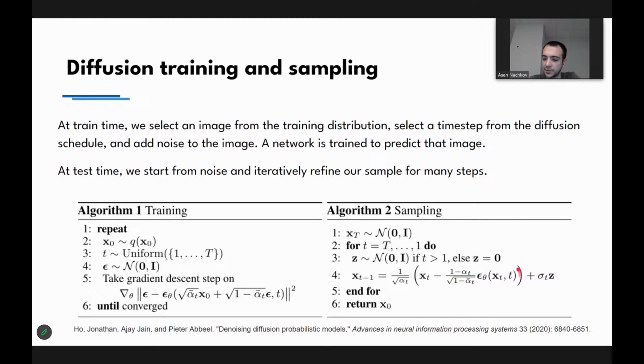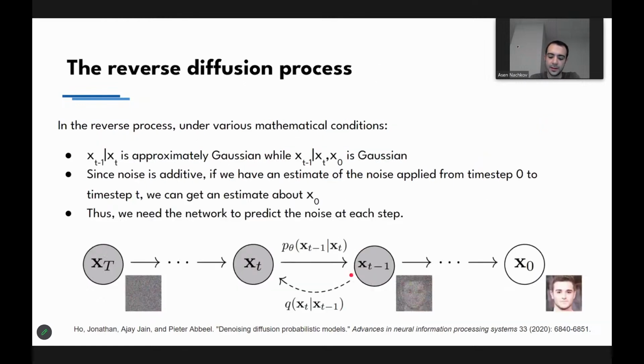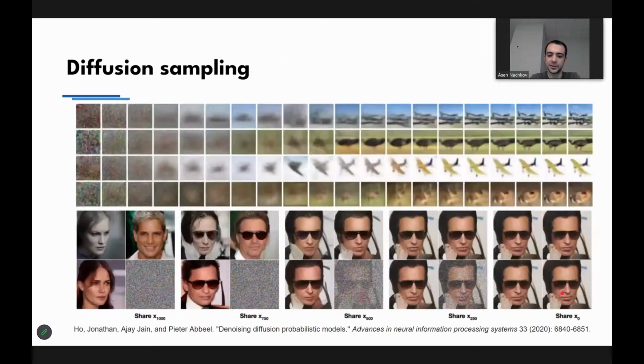This calculation gives us an estimate of x0. And finally, this calculation gives us a sample from the denoised distribution. And that's how, starting from this, we periodically resample and resample and resample until very gradually we can obtain images.